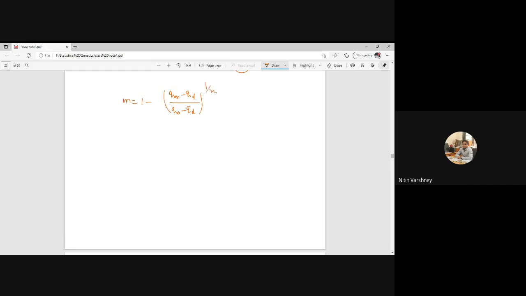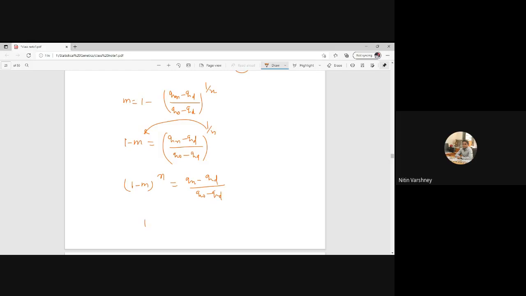So if I take this side, I'll get 1 minus m is equal to Qn minus Qd upon Q0 minus Qd, to the power 1 by n. So if I take this power, 1 minus m to the power n is equal to Qn minus Qd upon Q0 minus Qd.